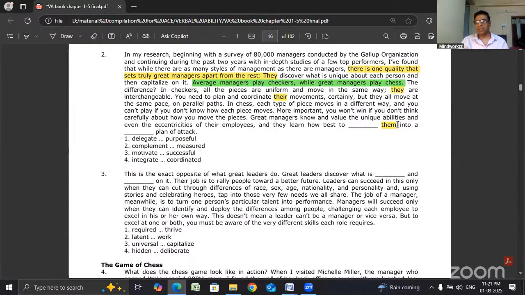Yes, unique abilities and eccentricities. So integrate them into a coordinated plan of attack.